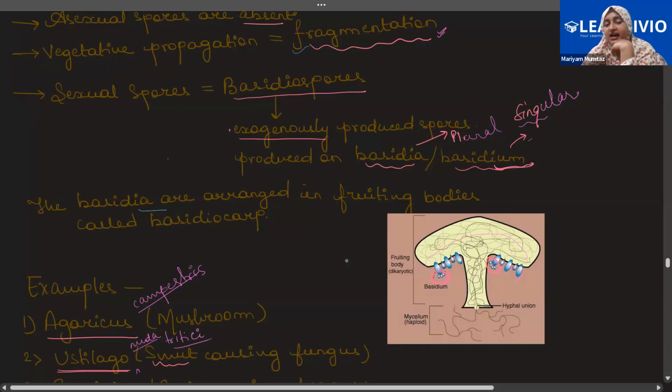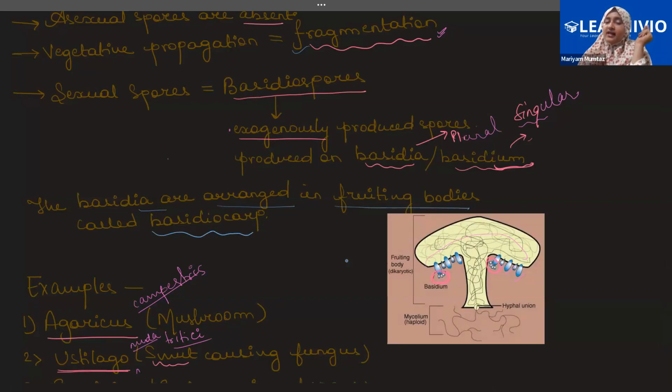The basidia are arranged in fruiting bodies called basidiocarp. Just like how Ascomycetes, their fruiting body was named as ascocarp, the fruiting body of Basidiomycetes is known as basidiocarp. Clear?